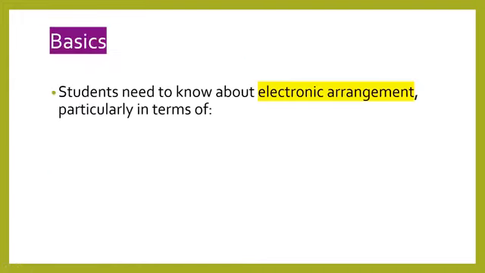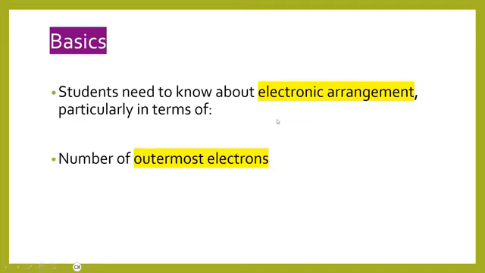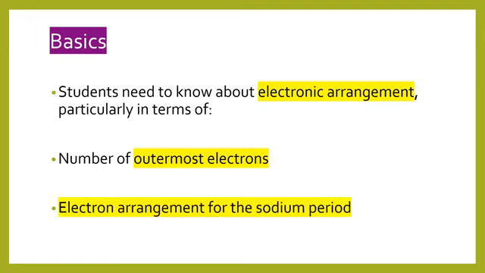So the basics. Students need to be able to do electronic arrangement, just mainly so they can place something in the periodic table, or in those questions where they get an X in a blank periodic table, they can look at the group and they can understand what it is.